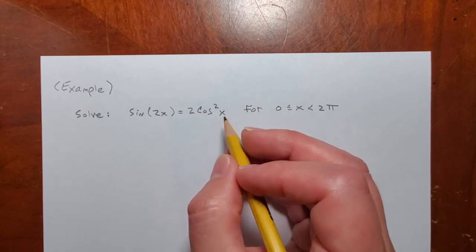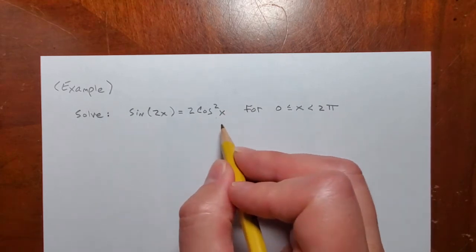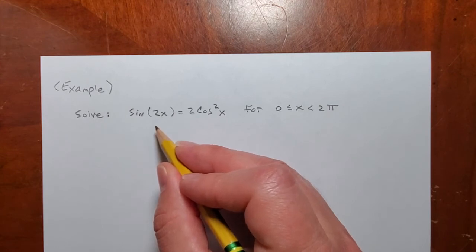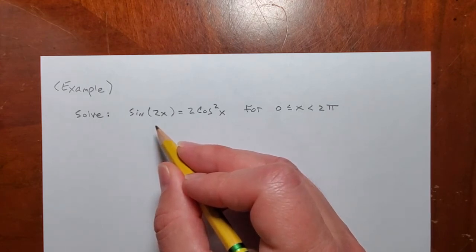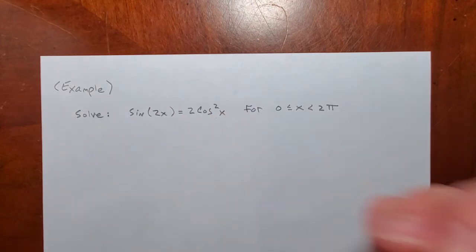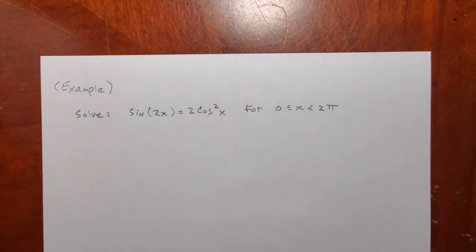So normally when we have something that doesn't fit what we're expecting and it has trig functions in it, we use identities to get it where we want it to be, okay? It takes some practice to work with identities because there are lots of them and you might have trouble remembering them.